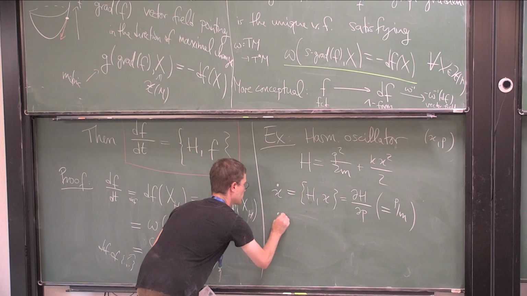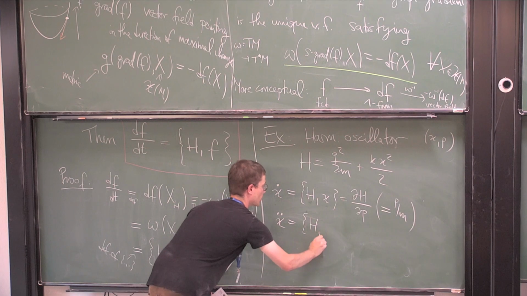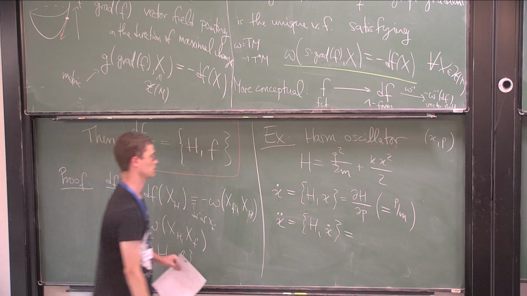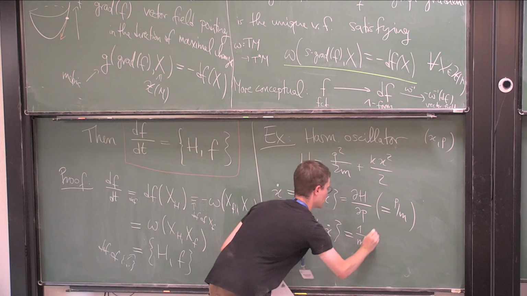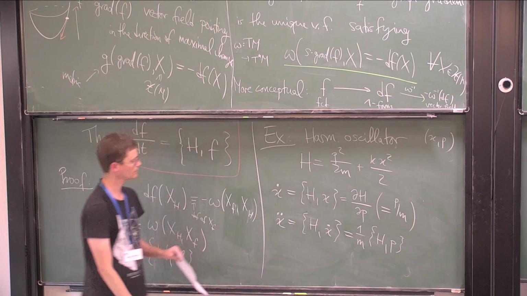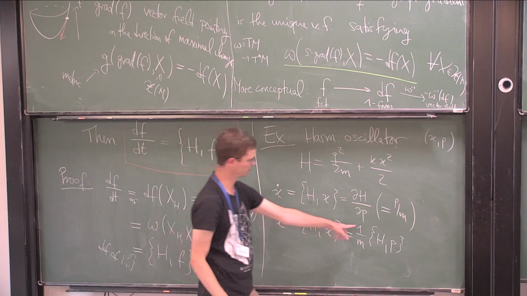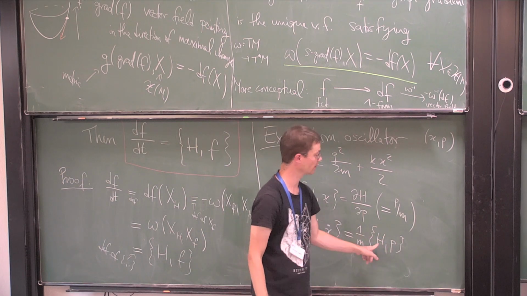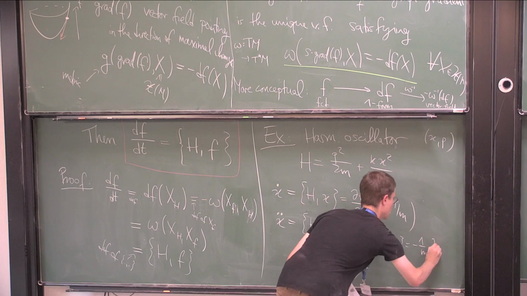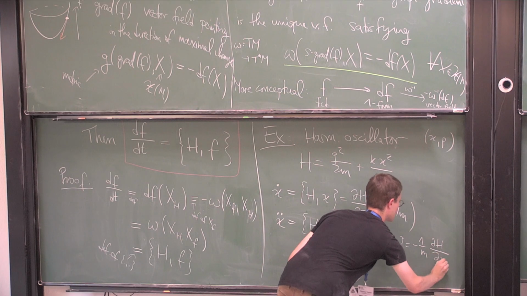But it doesn't matter, you can just apply it again. X dot dot. So this is the bracket of h with x dot. X dot we just computed. It's 1 over m times the bracket of h with p. And again, you can apply this bracket, h with p, so it's the standard one. So this should give you minus 1 over m dh dx.